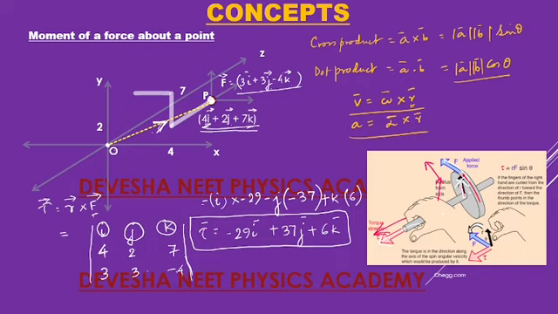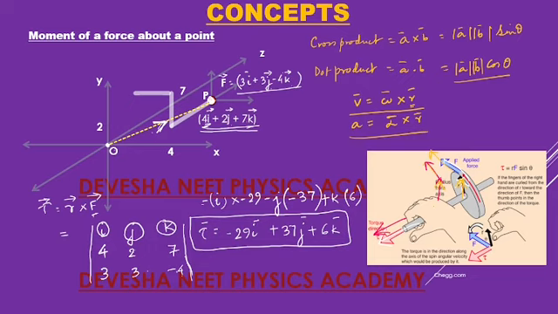Now, just to give an example here, if this is a rod and this is the radius, and the force is applied in this fashion, tangent to the circle or tangent to this disc, then this is the direction of the radius and this is the direction of the force.